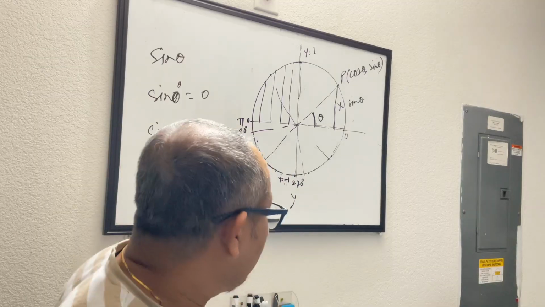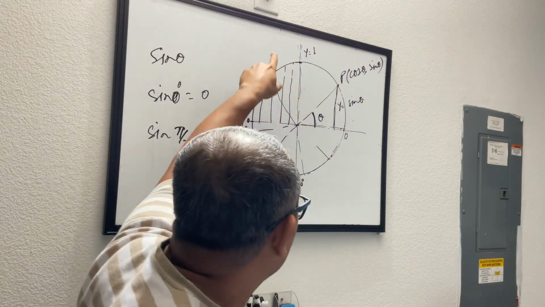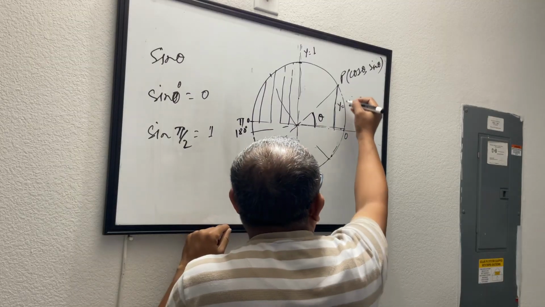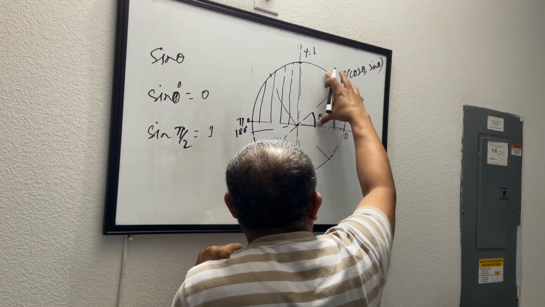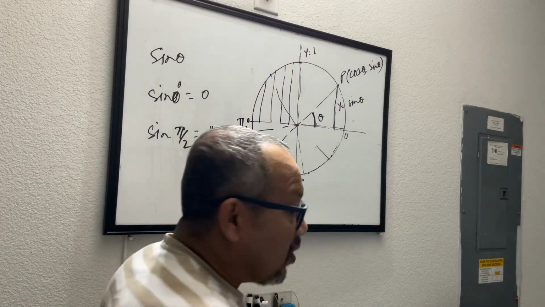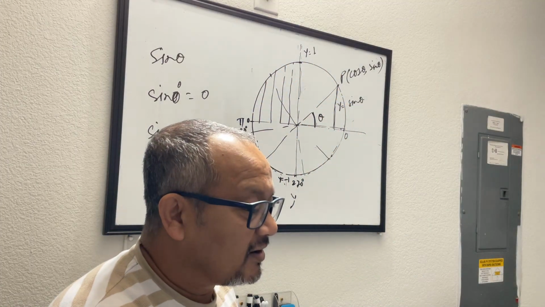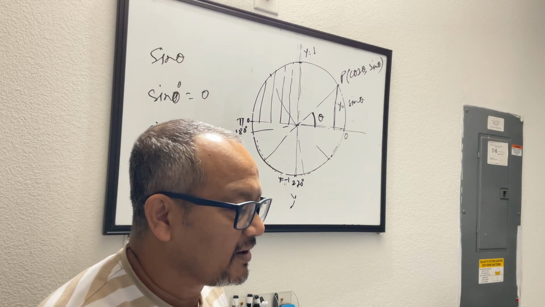Now see what is happening. If you go again from 360 to 400 degrees, your y value again increases and then decreases. Making sense? Arush, are you with me? Yeah.